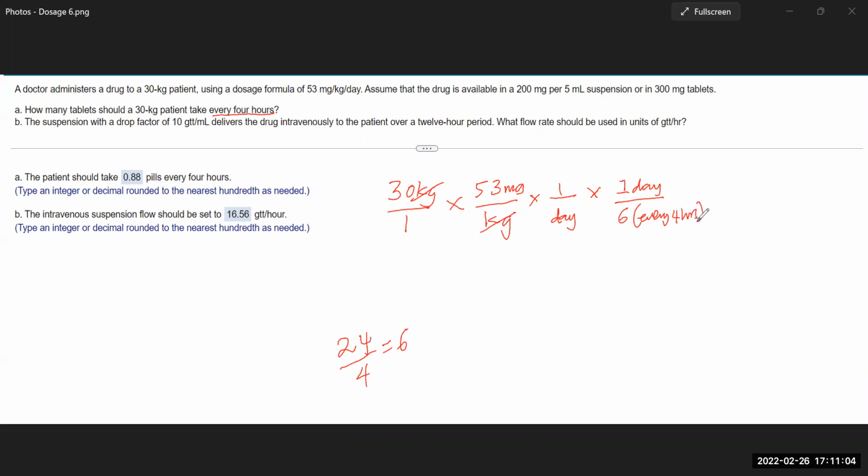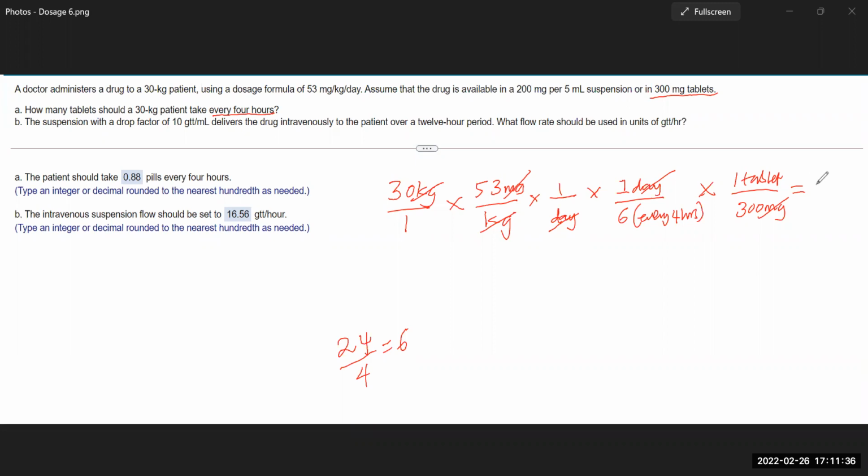Is that okay? And now it says that we should assume a 300 mg tablet. So we're going to multiply this by 1 tablet over 300 mg. Okay, so day will cancel day, and mg will cancel mg. So this will let us know how many tablets are administered every 4 hours to this patient.